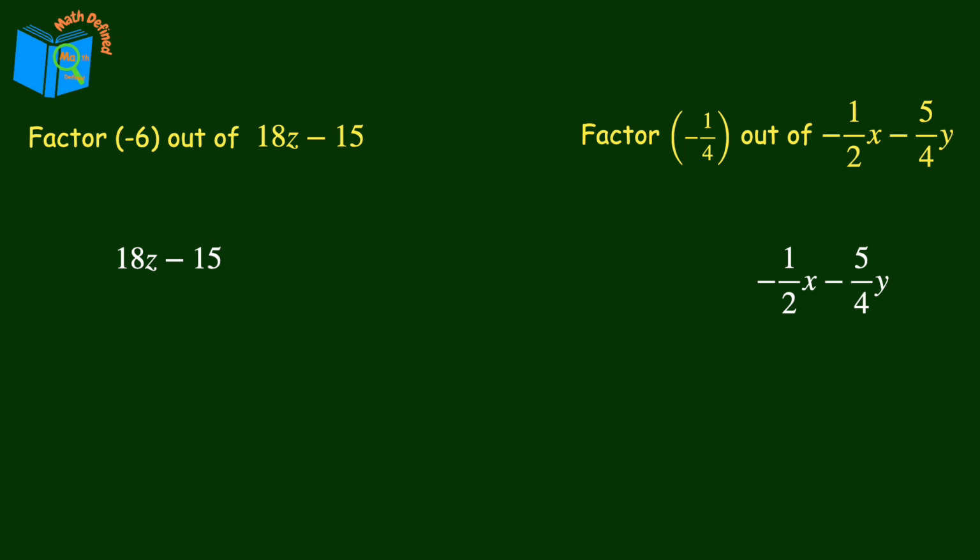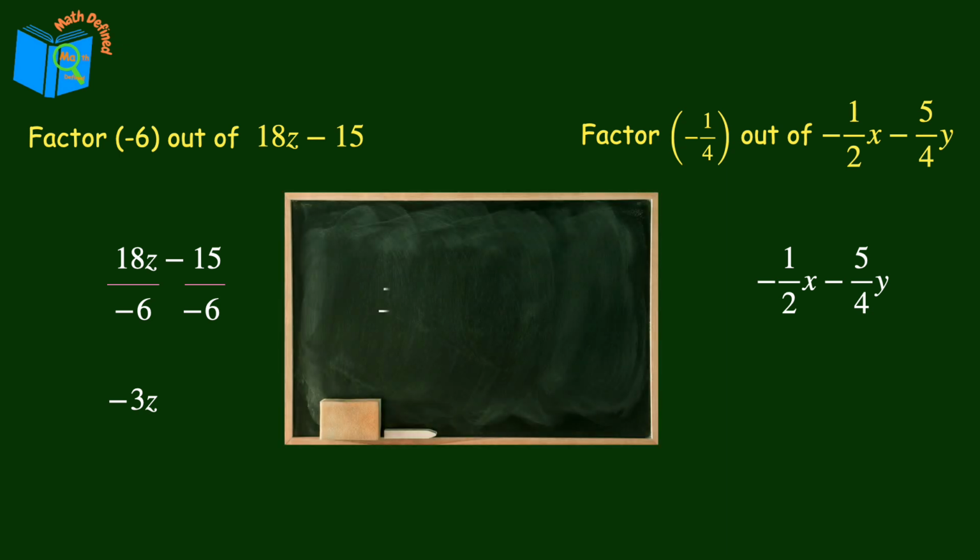Let's factor out negative 6 out of 18z minus 15. Since factoring is dividing, we'll divide each term by negative 6. Positive 18z divided by negative 6 is negative 3z. And then we'll divide negative 15 by negative 6. So negative 15 divided by negative 6 is a fraction.